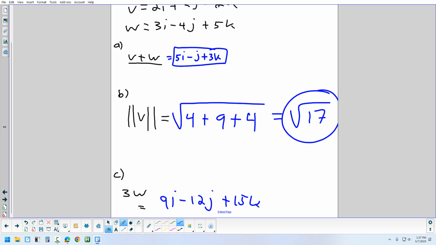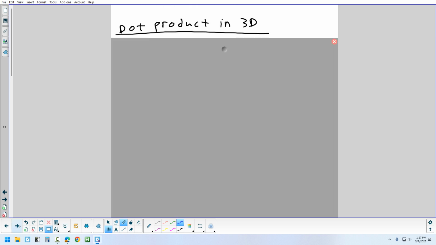So if you were drawing that vector on the board, that's 9 to the right, it's 12 down, and then it's 15 out towards you. So if it started over here, it would be coming down that way. I see. Yep. Okay. Any question on that one? No. So that's adding, subtracting, and scaling in 3D.